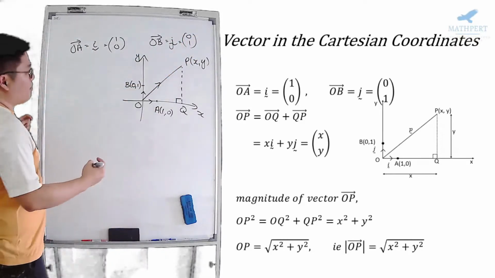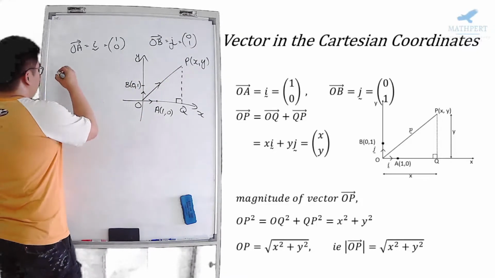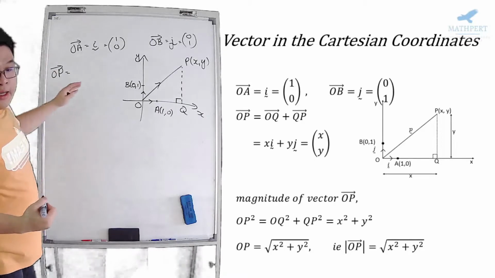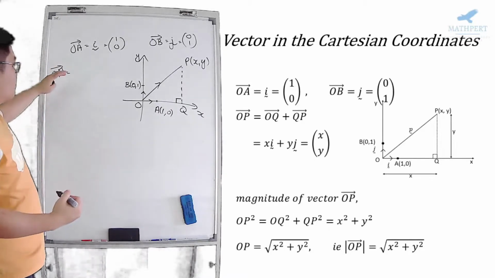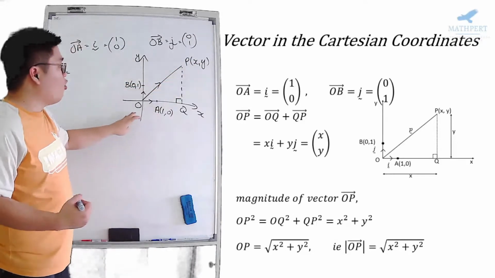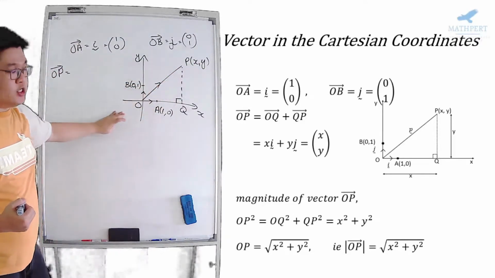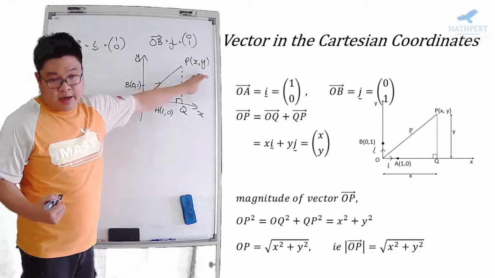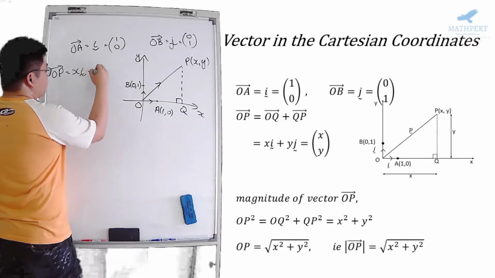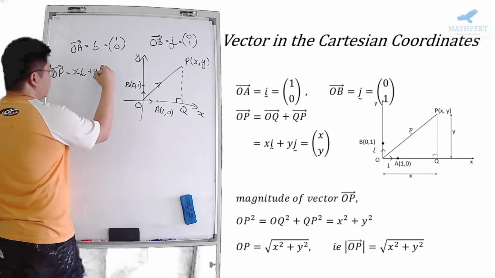How about P? Normally in vectors, when we are talking about P, we mean OP. O is the origin. From the origin to P is xi plus yj.